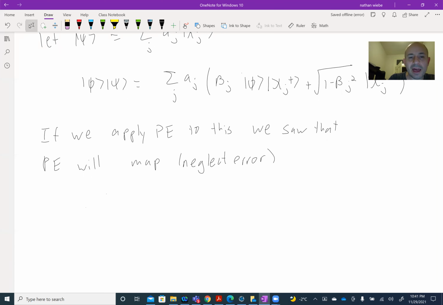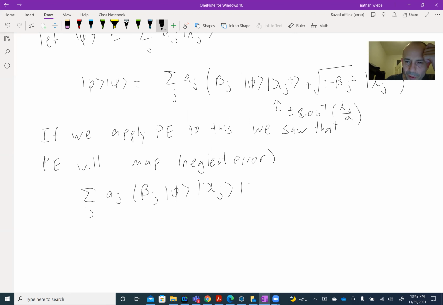So when we apply this idealization of phase estimation to this, what we'll end up getting is beta sub j, phi, chi j, and the encoding of the eigenphases for the operators. These eigenphases are, of course, plus minus the arc cosine of lambda j over alpha.